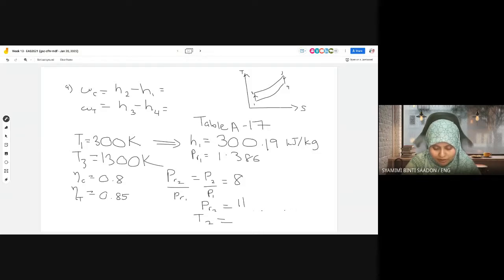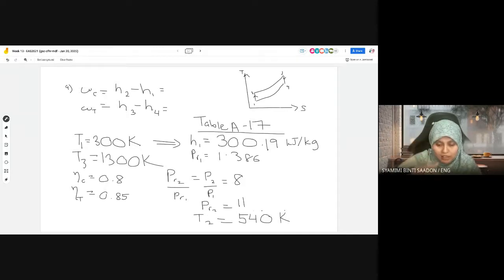So go back to the table. If you look at PR2 around 11, you have temperature 540 Kelvin, using the same table. We calculated PR2, knowing the ratio 8, and we get 11, and we search in the table.